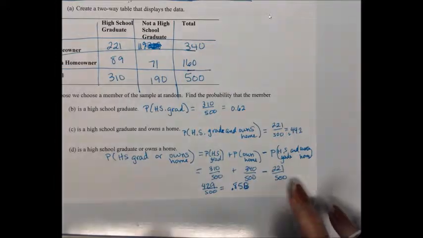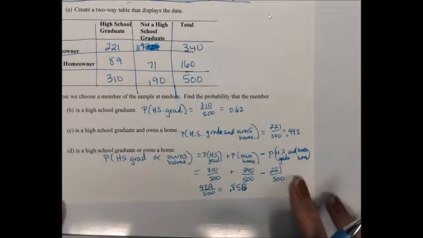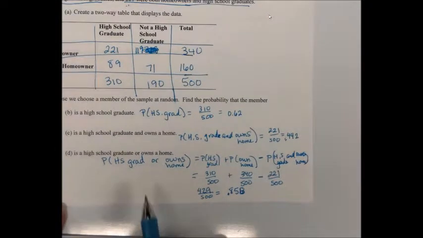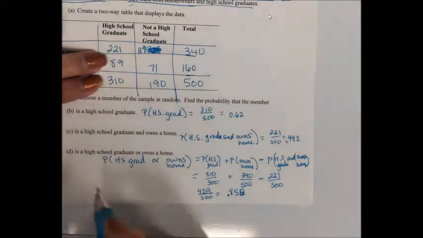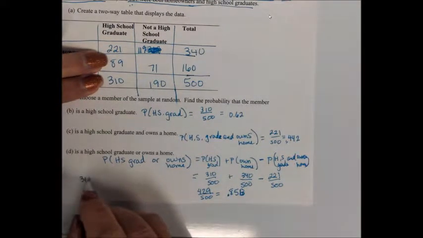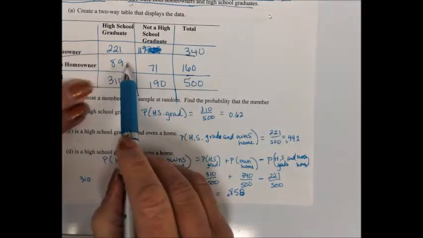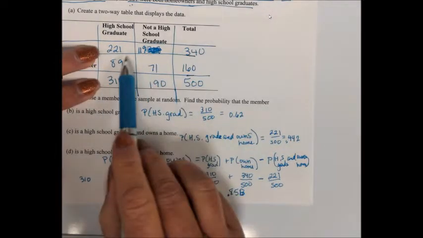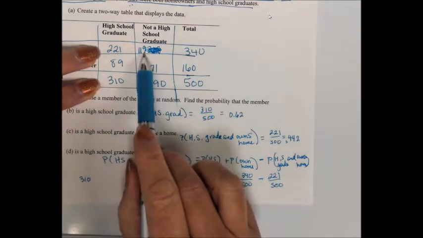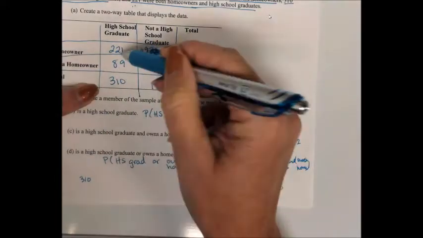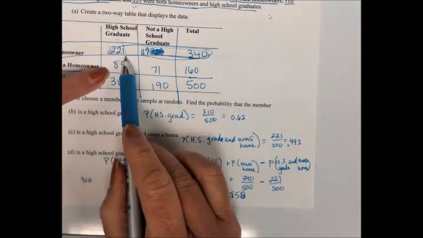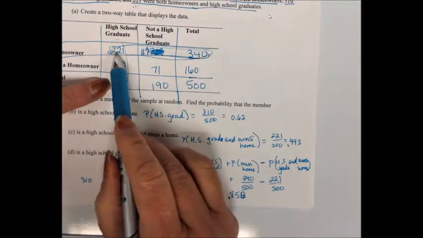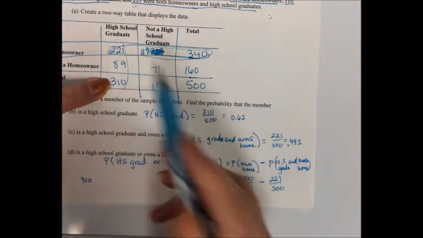So if I were using the table, what I do sometimes is I just don't add twice. So high school grad or owns a home. So if I did the high school grads, I know that there are 310 high school grads. And then if I do the homeowners, I just specifically would not have, so if I'm looking at this group and this group, I don't want to add this twice. So I could have just added the 221, the 89, and the 119.